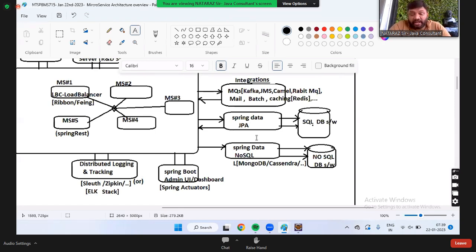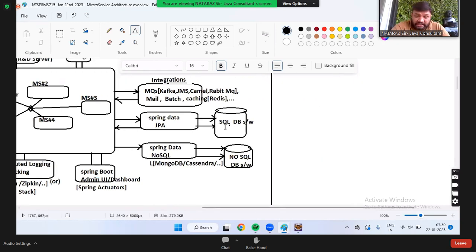That means Spring Data MongoDB, Spring Data Cassandra, etc., to interact with NoSQL database software.